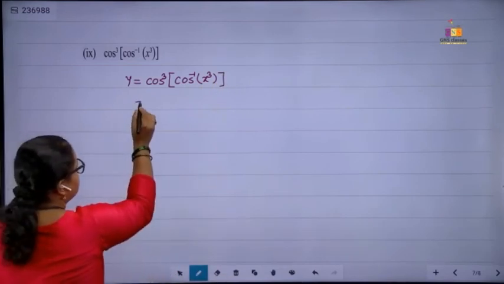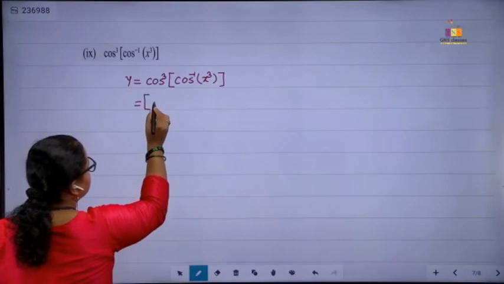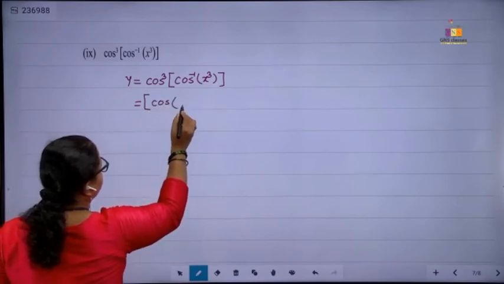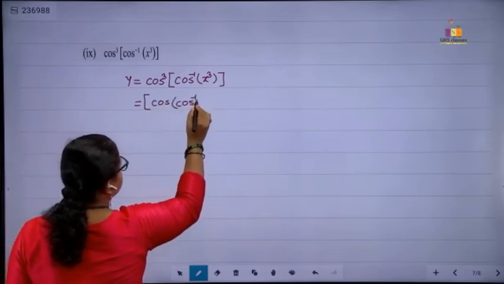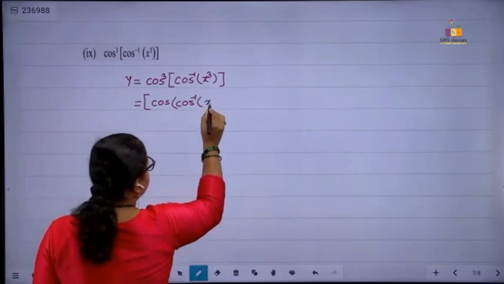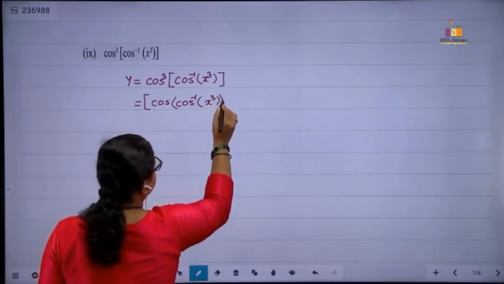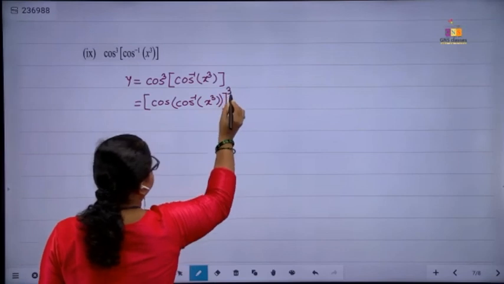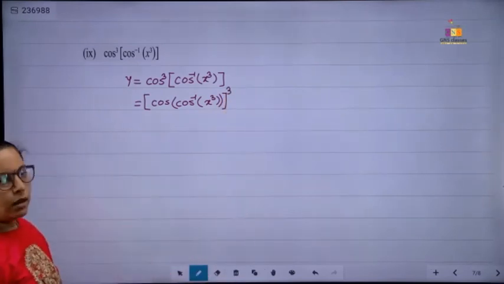That means this term is equal to (cos of cos inverse of x cube) bracket cube.